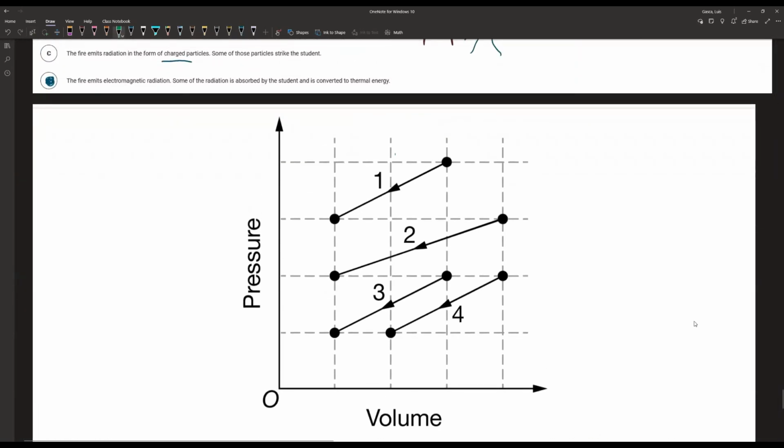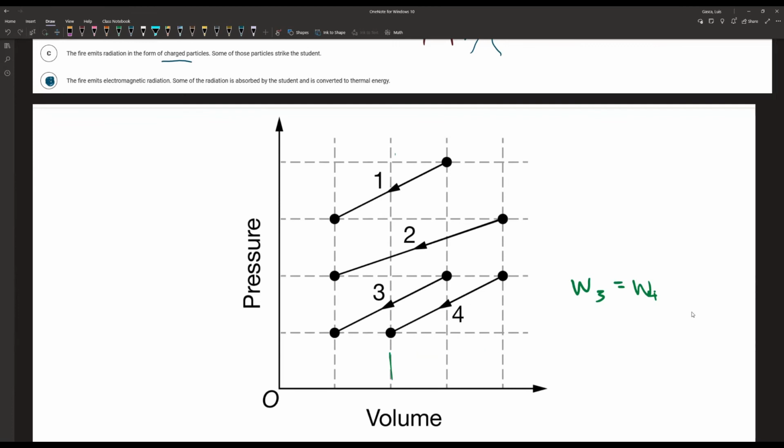So we have learned that the work is the area under the graph. And so if we look at 3 and 4, the work in process 3 is going to equal the work in process 4 because they have the same area. It's like 2 and maybe 3 squares in total. Yeah, so these guys are going to be about 3 squares in total.